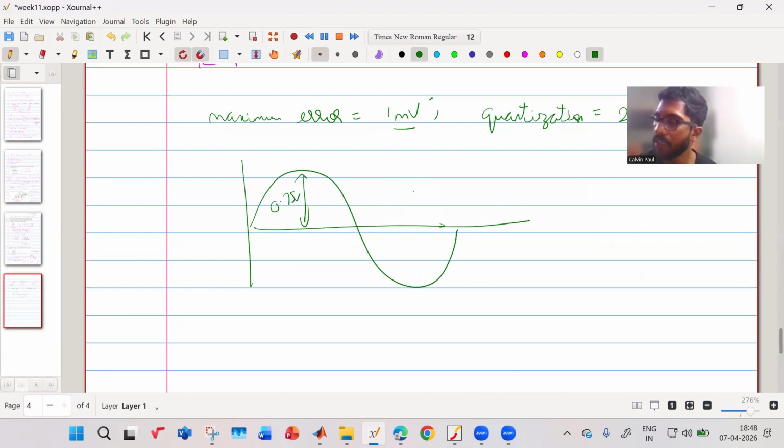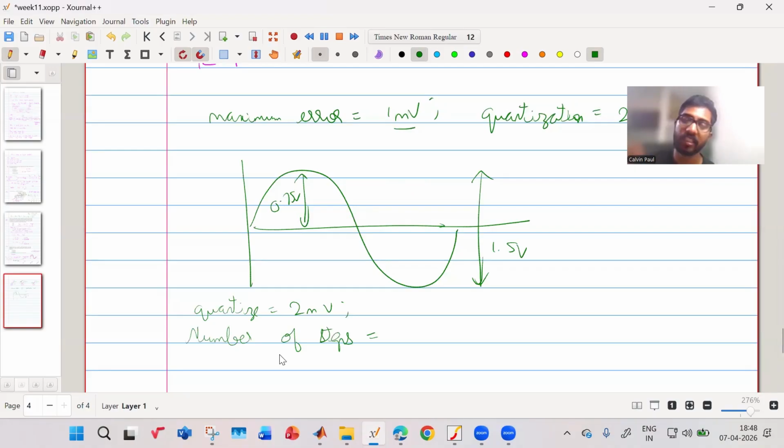So the actual range of the signal will be 1.5 volt, right? And you have to quantize within 2 millivolt. So what would be the number of steps you'd require? How many steps, changes in LSBs, in bits would you require? What is the range?